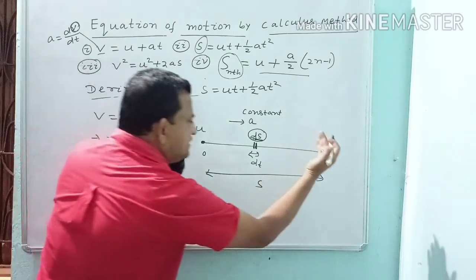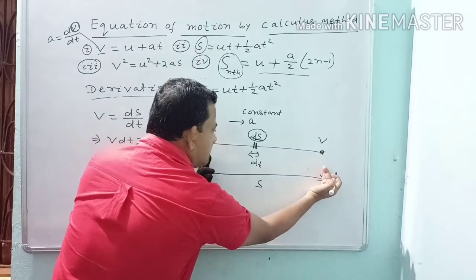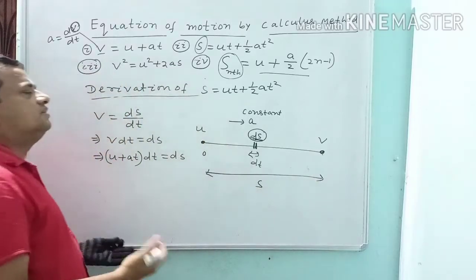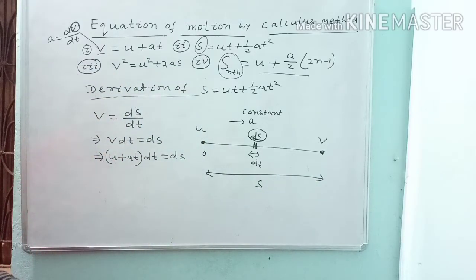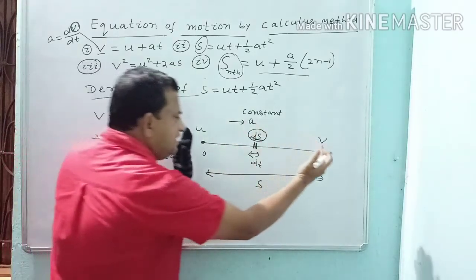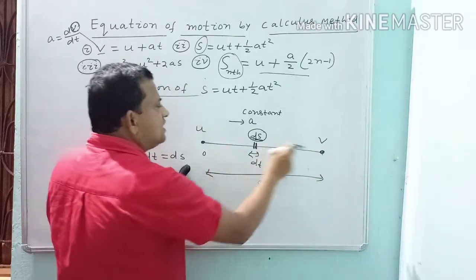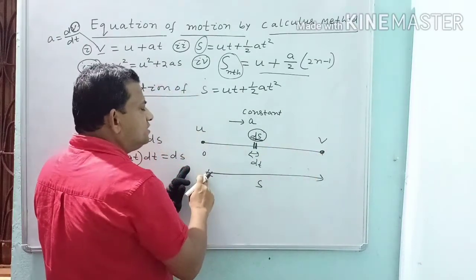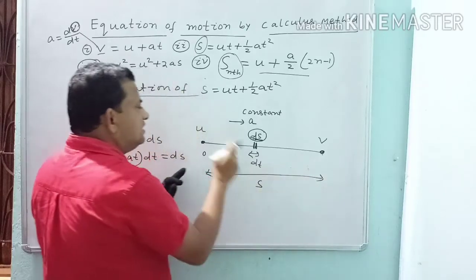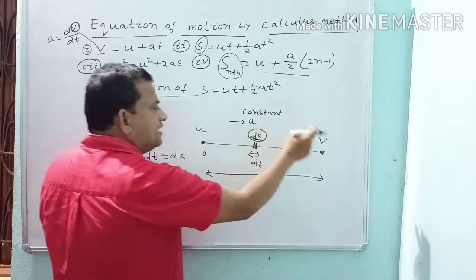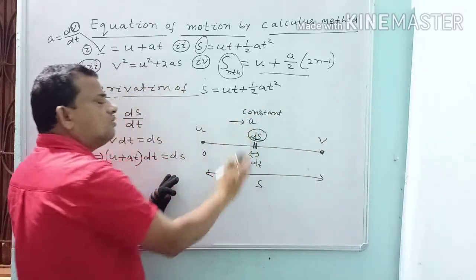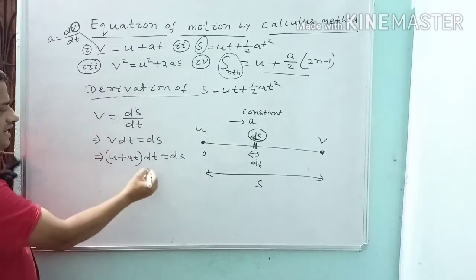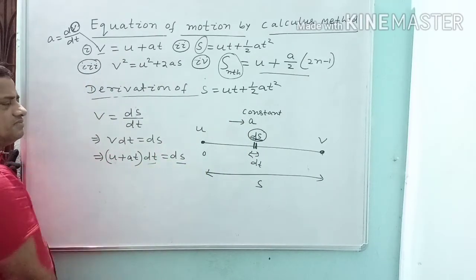So for this displacement s, or you say for this time t, because you know from this to that time t, from this to that displacement s, here initial velocity u, final velocity v, a is the constant acceleration. So in dt time ds is the displacement.